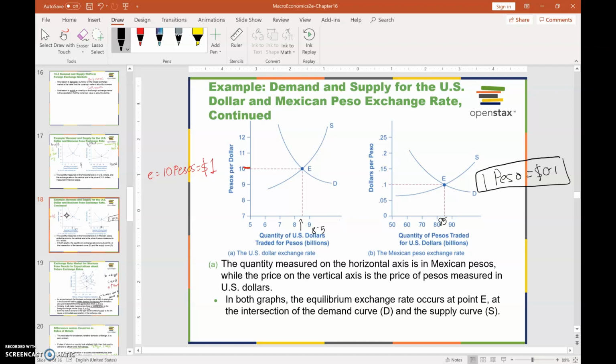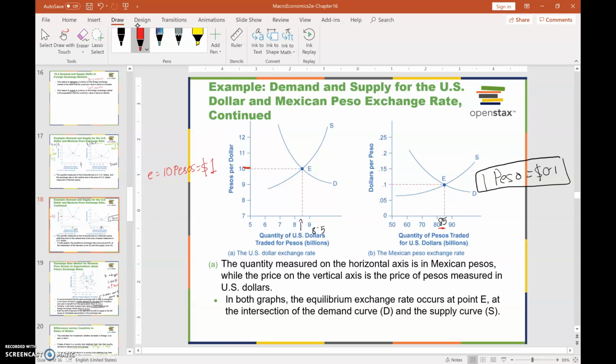In panel A, the demand curve and the supply curve are intersecting at 10 pesos equal to $1. So this is the peso dollar exchange rate, and $8.5 billion are traded in the foreign exchange markets. On panel B, the demand curve and the supply curve for pesos are intersecting at 1 peso equal to $0.1, and 85 billion pesos are being traded.